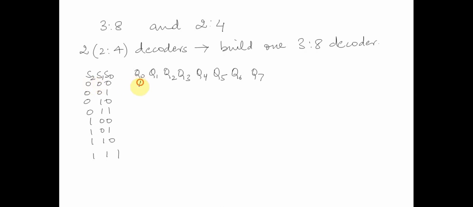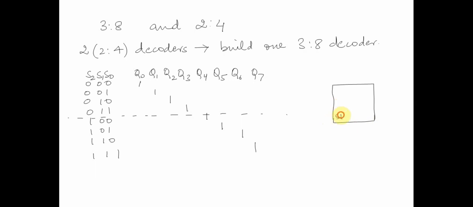So if it is 0, this will be active, then this one, fourth, fifth, sixth, and seventh. And now what you see is, we have S2 being 0 in half of the entries and S2 being 1 in half of the entries. And our problem statement is, we have 2 to 4 decoders.